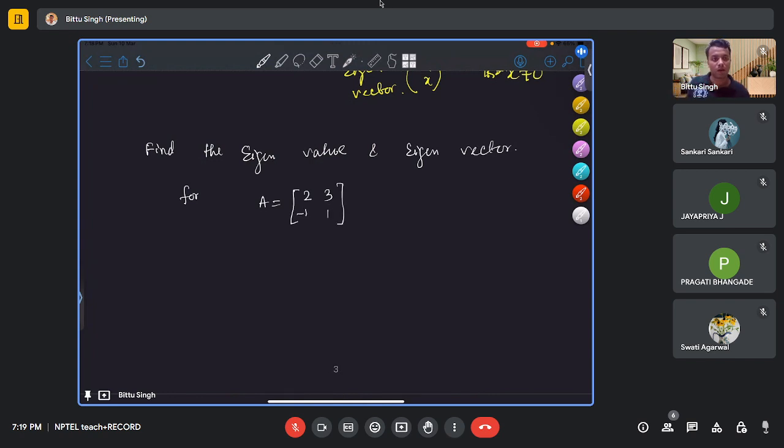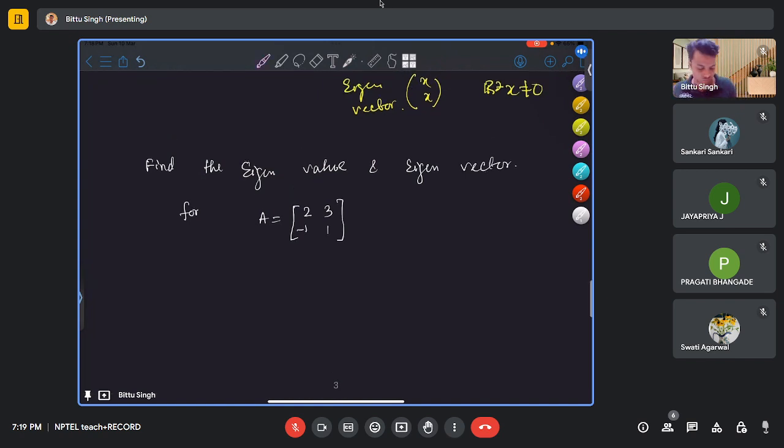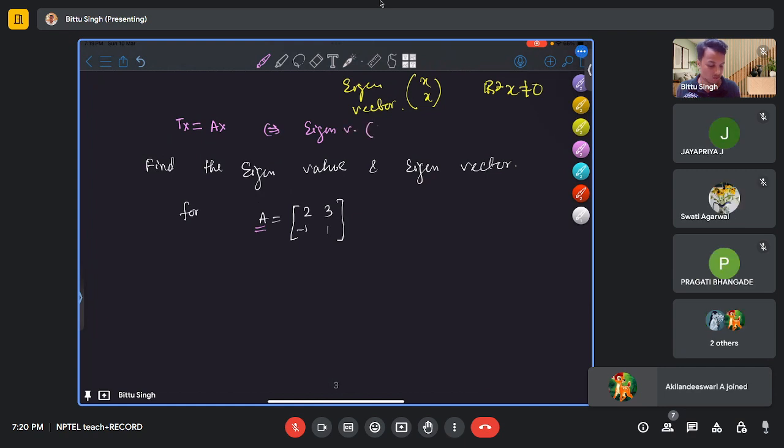Note that we can define an eigenvector of a matrix. We know that for the finite dimensional case, any transformation has some matrix representation. So we are assuming that corresponding to A, we have this transformation T(x) equal to Ax. So an eigenvector of A is defined to be an eigenvector of this transformation.